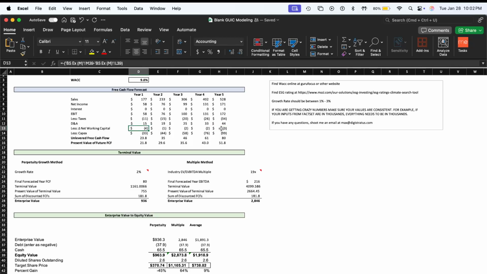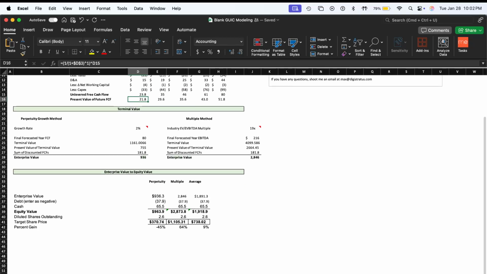Net working capital is very low. It's fine. Depreciation and amortization makes sense because they have high capex. They have high fixed assets because, I believe, they're probably spending heavily on AI infrastructure. Their EBIT is generally a little bit low, but it's really driven by this high capital expenditure.